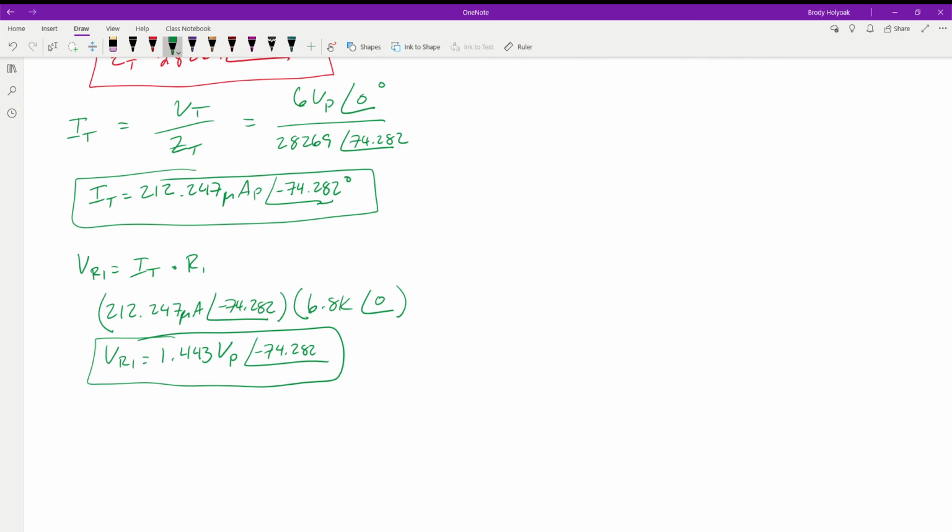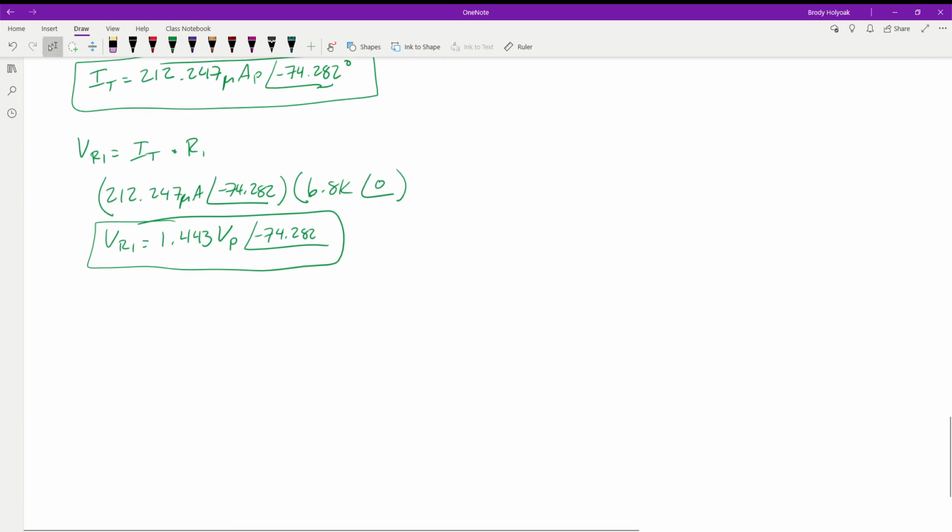So it's almost 90 degrees behind the reference, our input coming in. And for the inductors, the voltage is going to be way in front. It's just the opposite of what we would see with the capacitors. The inductors are going to lead the resistors.